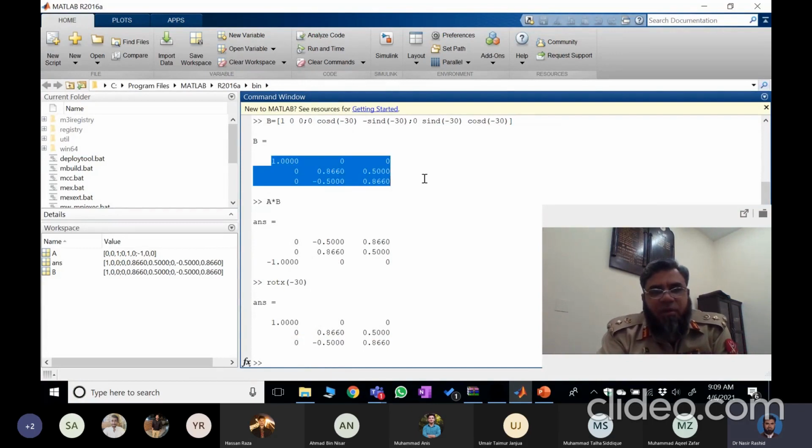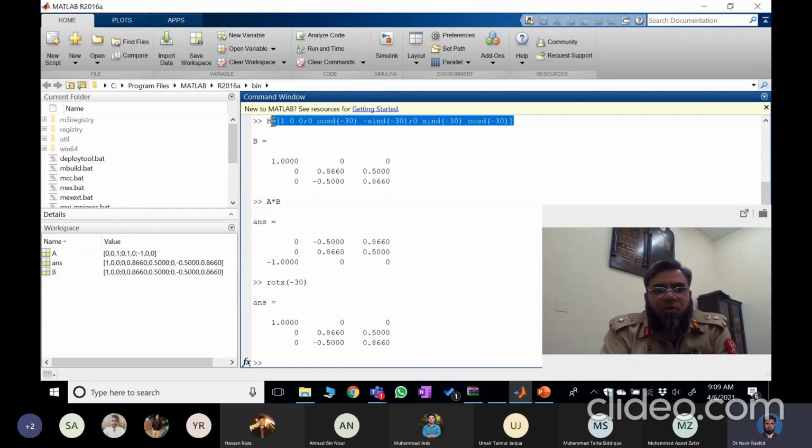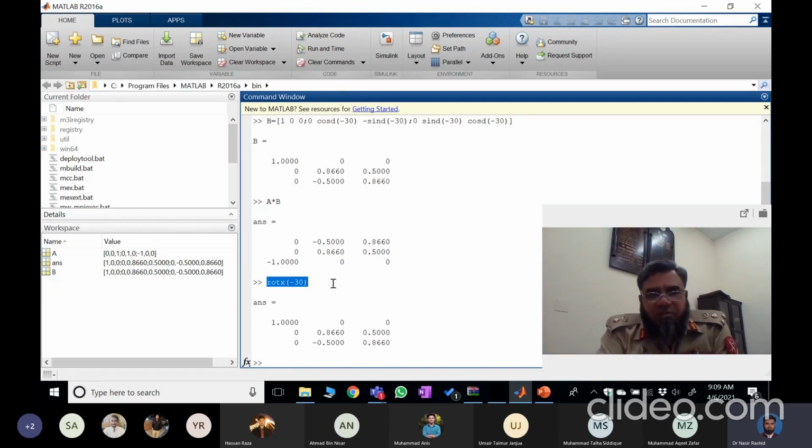Look, I had written the whole matrix of b. So I in fact wrote this command to write a matrix of rotation about x by minus 30 degrees. I can find the same matrix by just a single command using the Peter Corke toolbox.